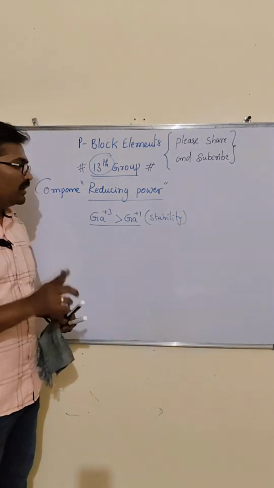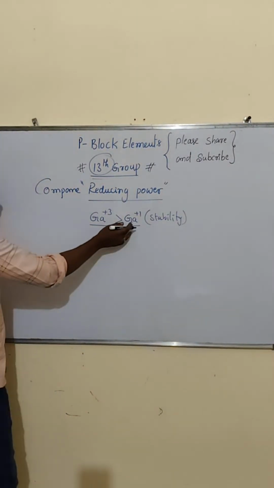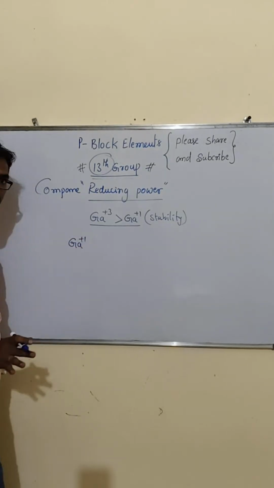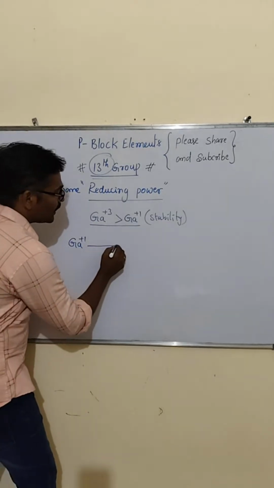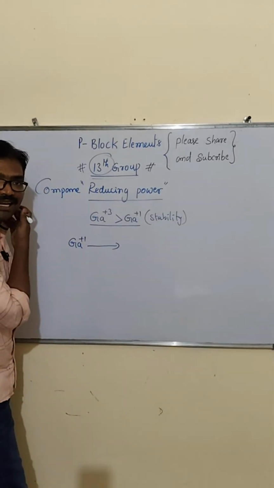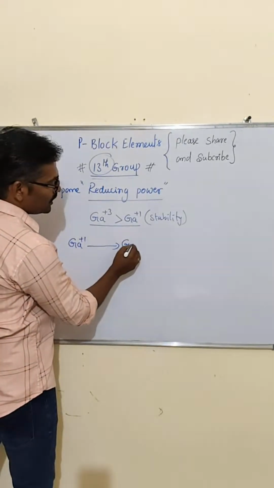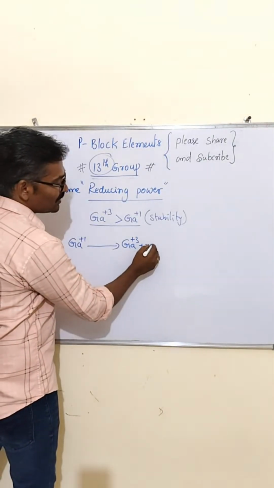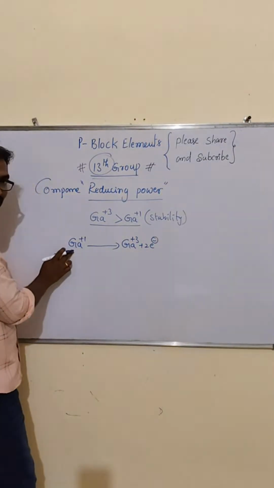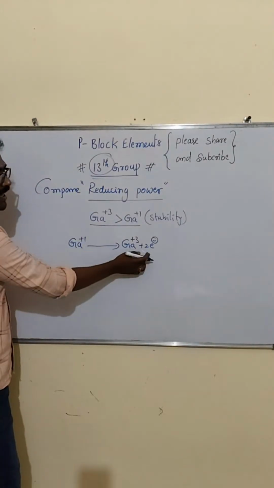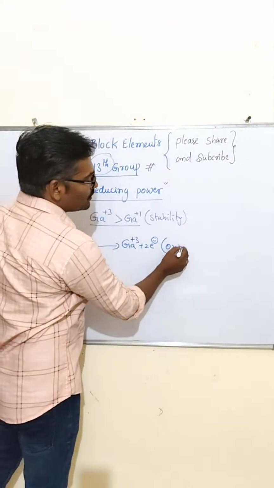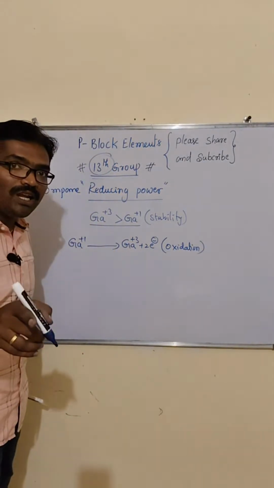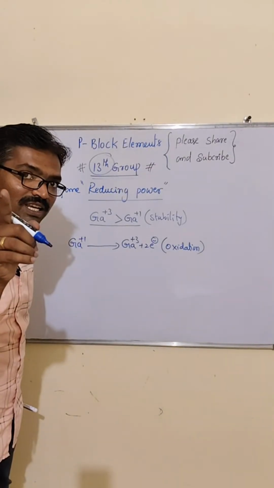Now if you take Ga+1, for stability it loses 2 electrons, going to Ga+3 plus 2 electrons. When an element or ion loses electrons, we call that oxidation. Any substance in which oxidation takes place is a reducing agent.